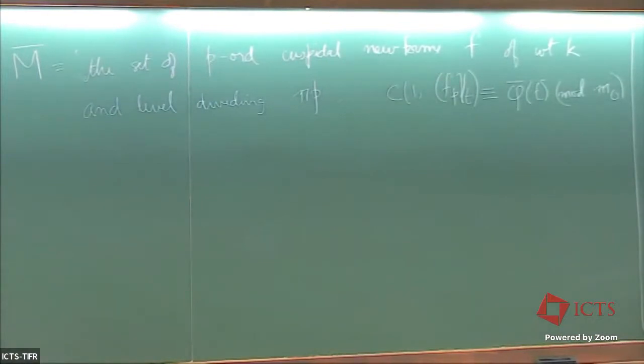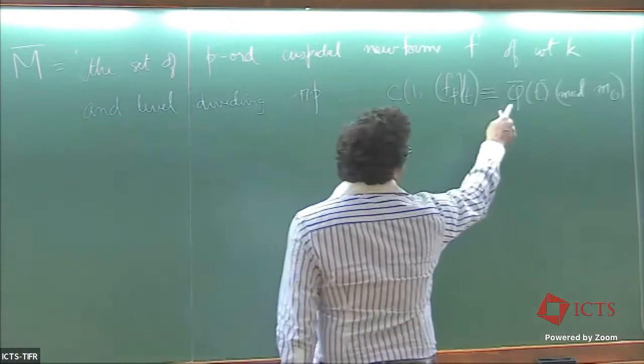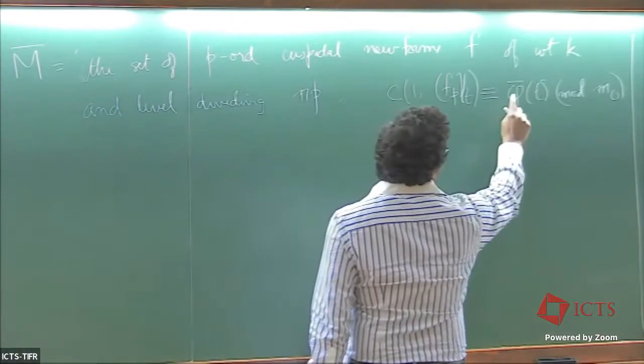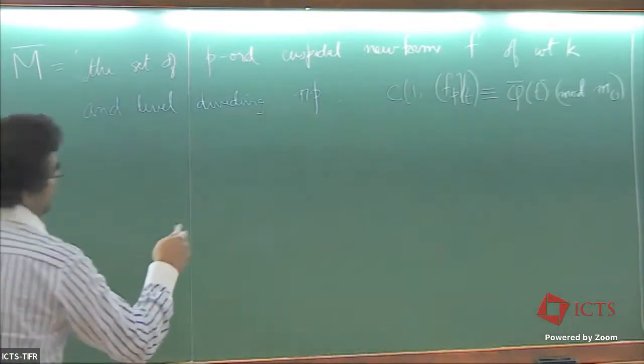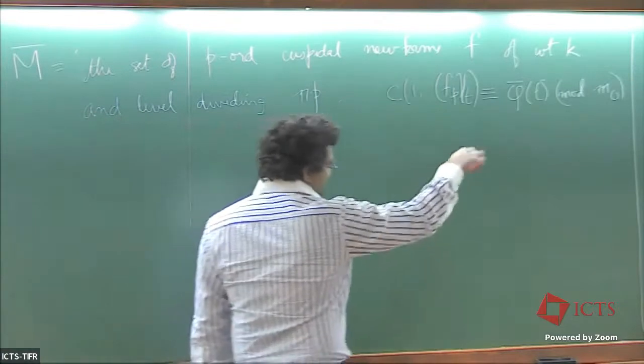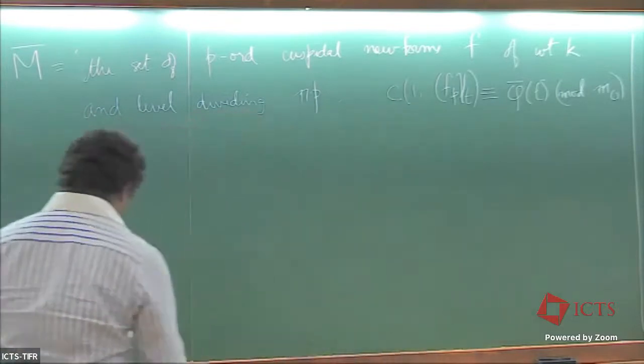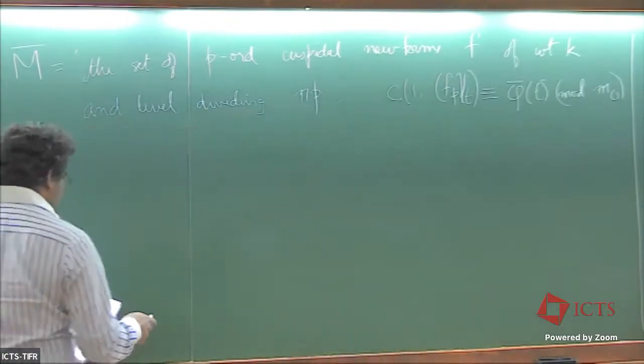You can go modulo the maximal ideal and get the residue field. But we defined this before doing that theorem. So this was some homomorphism from the Hecke algebra to a finite field K. I'm not going to recall that today.